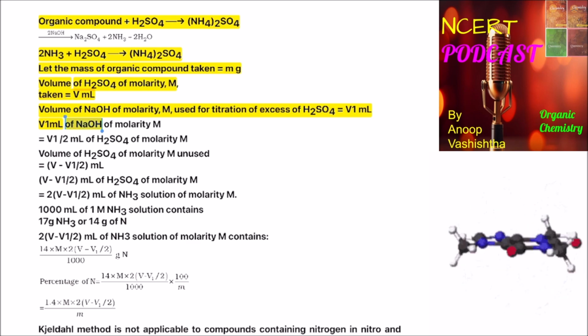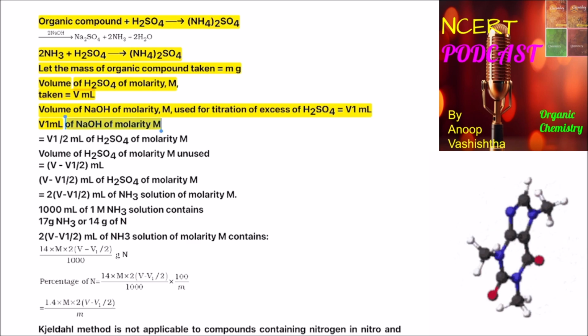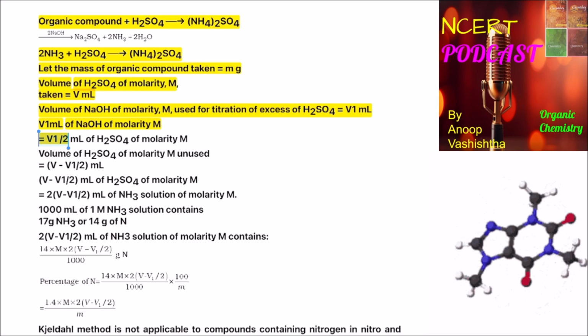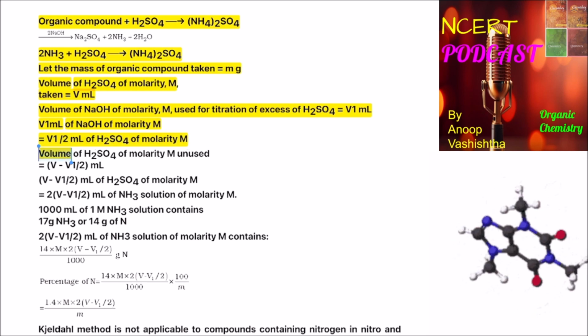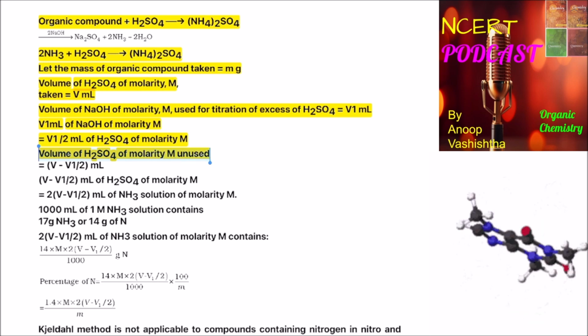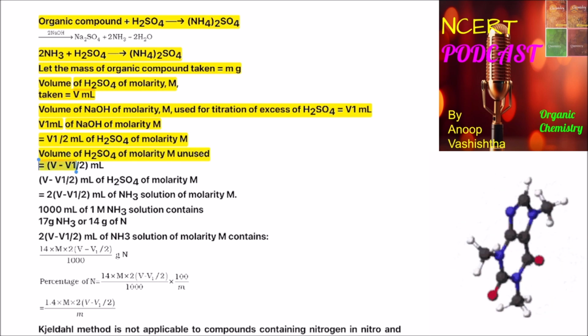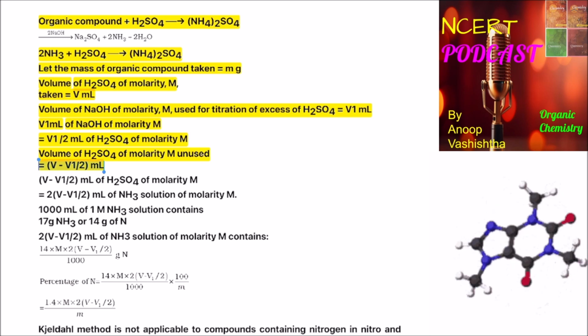V1 milliliter of NaOH of molarity M is equal to V1 by 2 milliliter of H2SO4 of molarity M. Volume of H2SO4 of molarity M used is equal to V minus V1 by 2 milliliter.